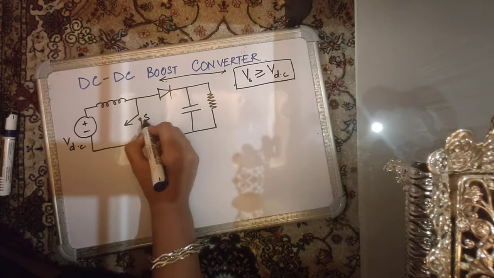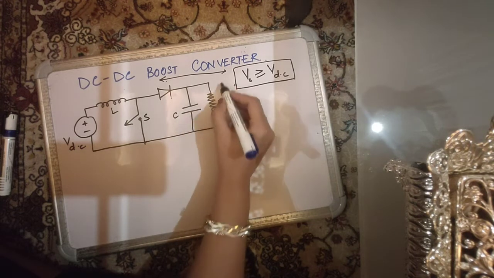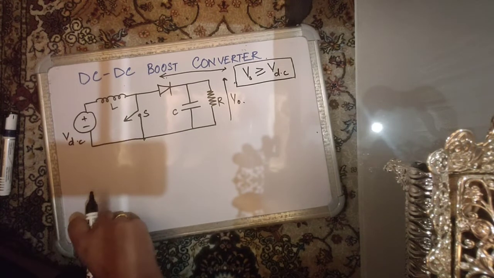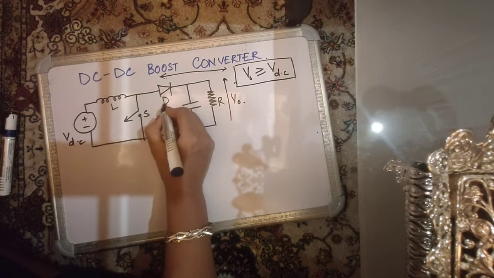So you have a switch, some inductance, some capacitance, the load resistance, and this is the load voltage V0 that is developed across the load, and you also have a freewheeling diode.